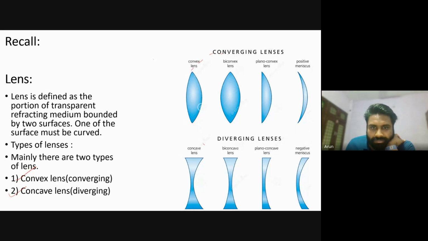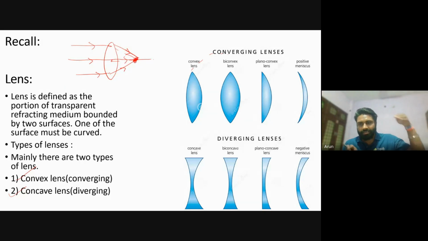Convex lens, or it is also termed as a converging lens. And why is it so? Because if we put a parallel beam of light on it, it focuses this light on a point, means it converges the light at one point. So that is why this lens is called a converging lens.